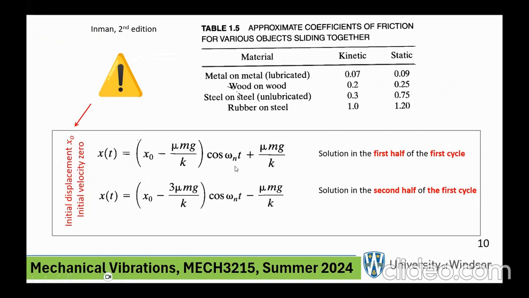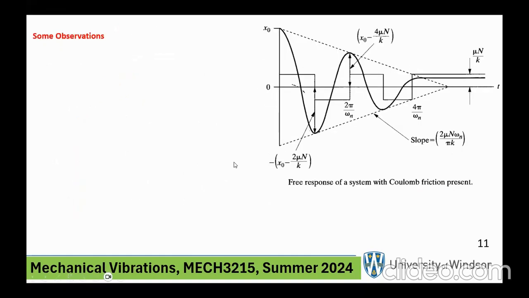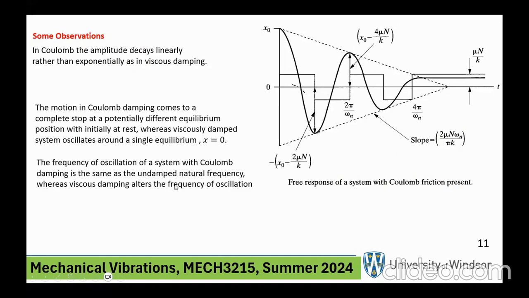All right. So that's what this is saying. In the case of viscous damping, the frequency of oscillation, which was exponentially dying, was actually omega d. Now, omega d, damped natural frequency, was related to omega n by multiplying it by the square root of 1 minus zeta squared. Okay.